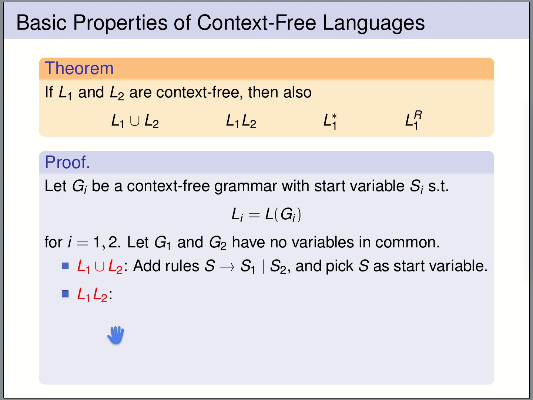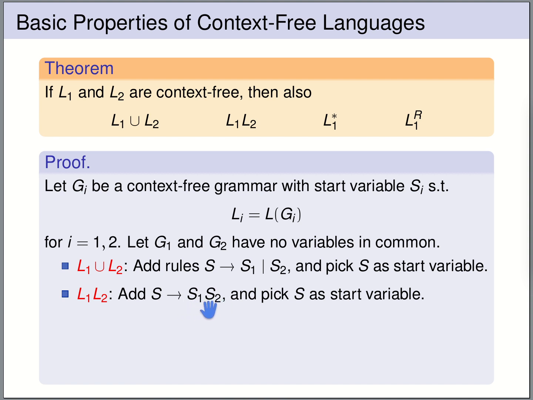So similarly, if we want the concatenation of L1 and L2, we also take the union of the grammars. We also add a fresh starting variable S. We add a slightly different rule, namely we say that S can rewrite to S1 S2. So what does this help?